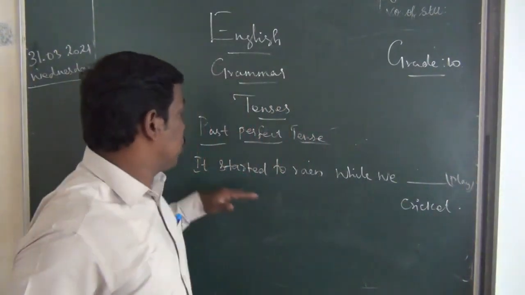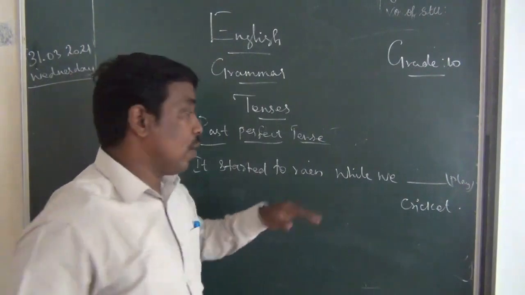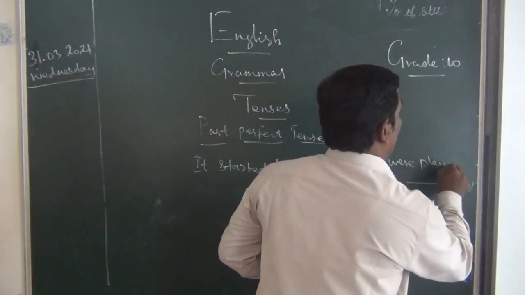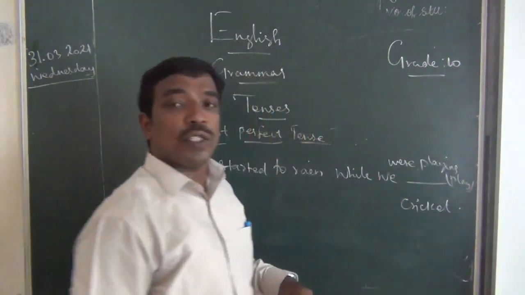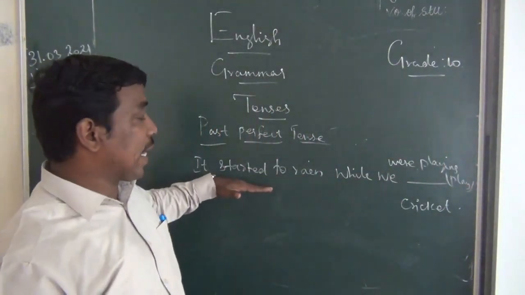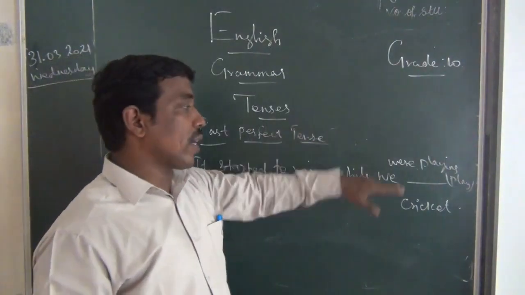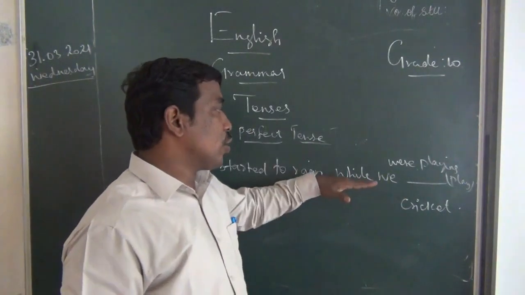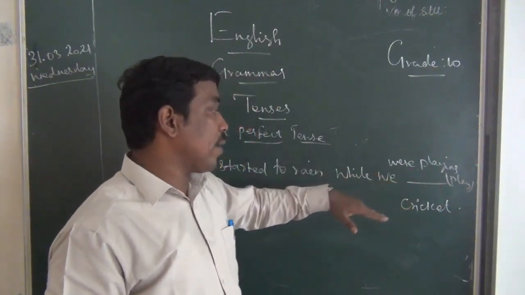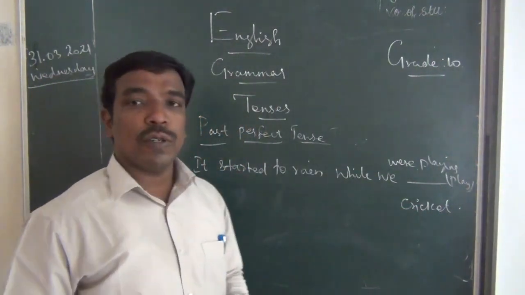So it started to rain while we were playing. Have you understood that? So two actions. Already one action is in the past tense, so the second action should be in past tense. That one is a very long action. While we were playing cricket, it started to rain.